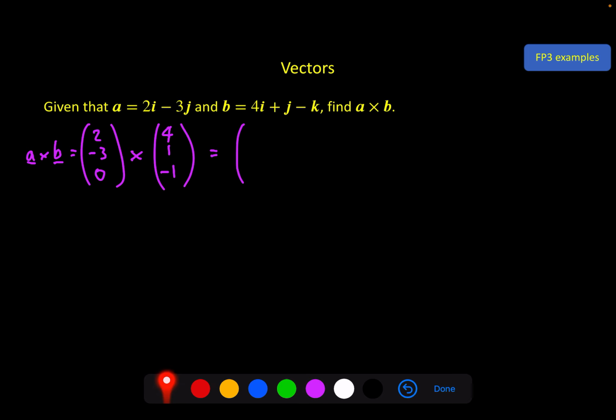So for the top row, I do minus 3 times minus 1, that's 3, minus 1 times 0. For the middle row is 0 times 4, 0, minus 2. And for the bottom row, 2 minus 12. Which gives me the answer (3, 2, 14).